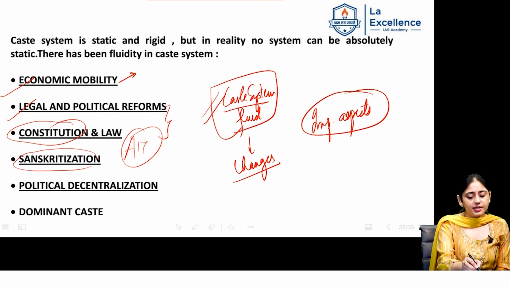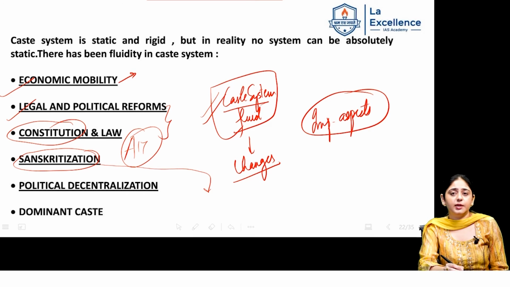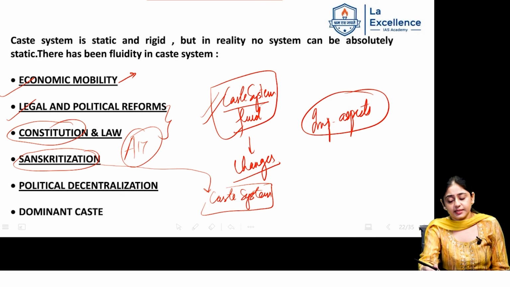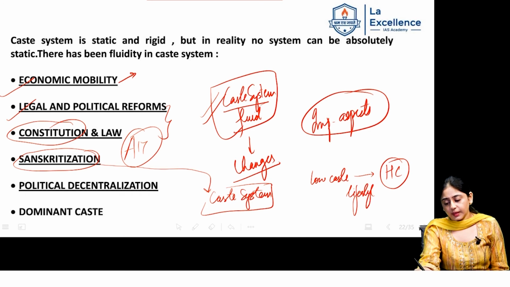Then there is a term called Sanskritization. It was given by a sociologist by the name of M.N. Srinivas, who says that certain aspects of the caste system are being changed in minor ways by Sanskritization, which is a process by which people belonging to low castes emulate or copy the high caste people, their lifestyle, their customs.